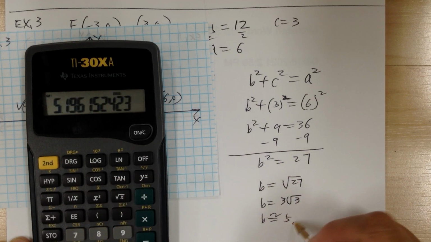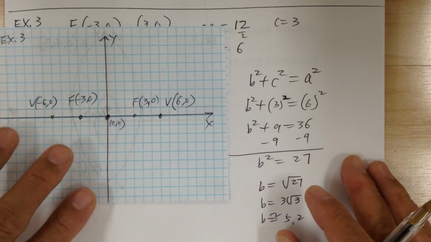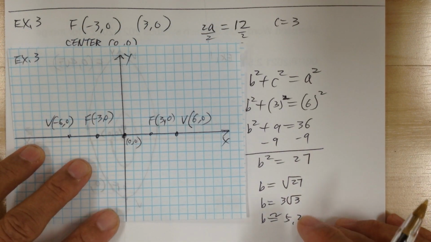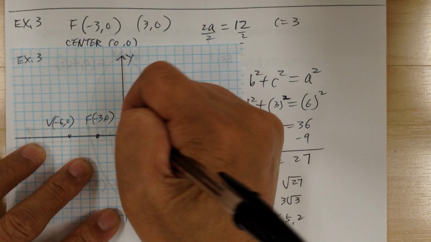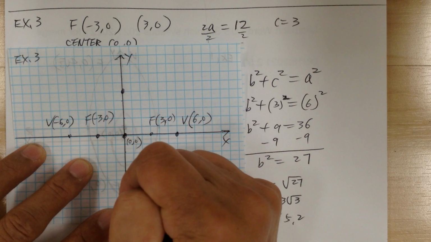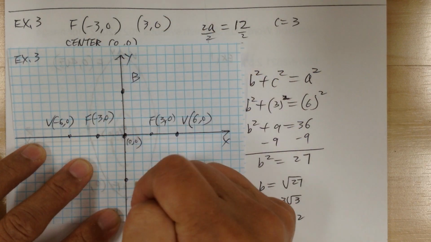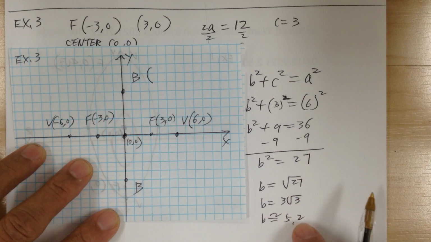It is about 5.2. In this example it does not ask you for it, but I'm just doing the extra to help you have a better understanding. So b is 5.2, about 5. That's the b. And again, when you label, you have to use the exact value. Don't use a decimal because this is an approximation.